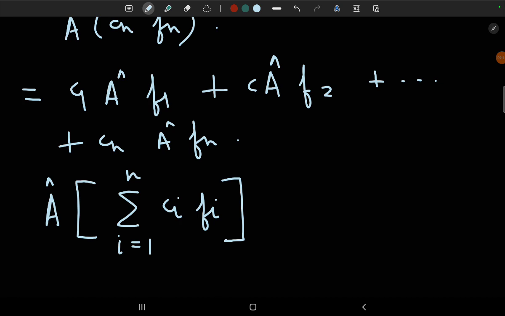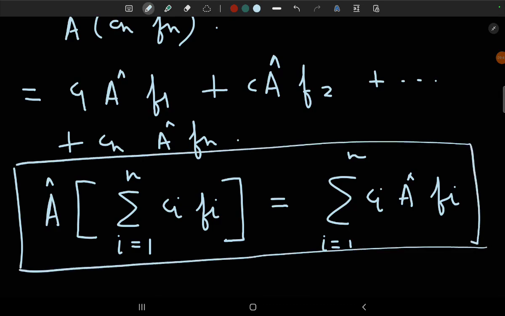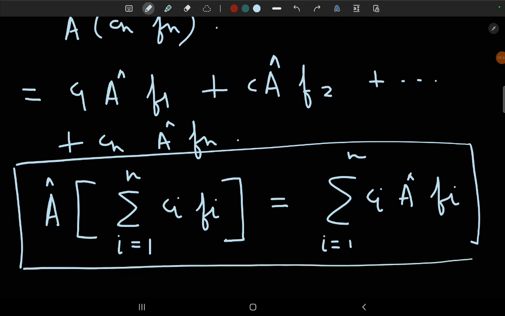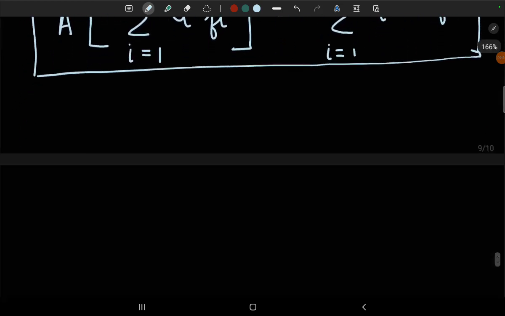And beautifully, the operator A has moved inside, giving the sum of ci A fi, i equal to 1 till n. So this is the combined linearity condition, if the operator happens to be linear.